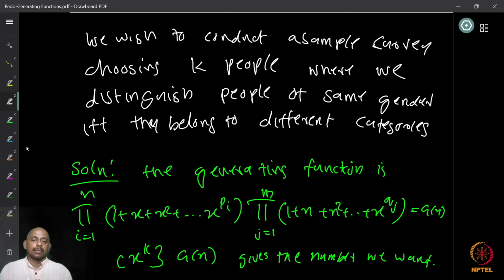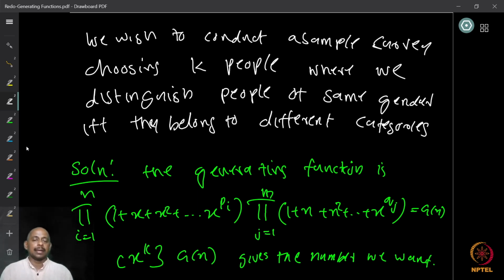So if I look at the function 1 plus x plus x squared etc. up to x raised to p_1, that tells that for the first category I have precisely p_1 persons, and then I can choose some of these: either none of them, one of them, two of them, or p_1 of them. So at most p_1 are there, so that is the choices from the first category.